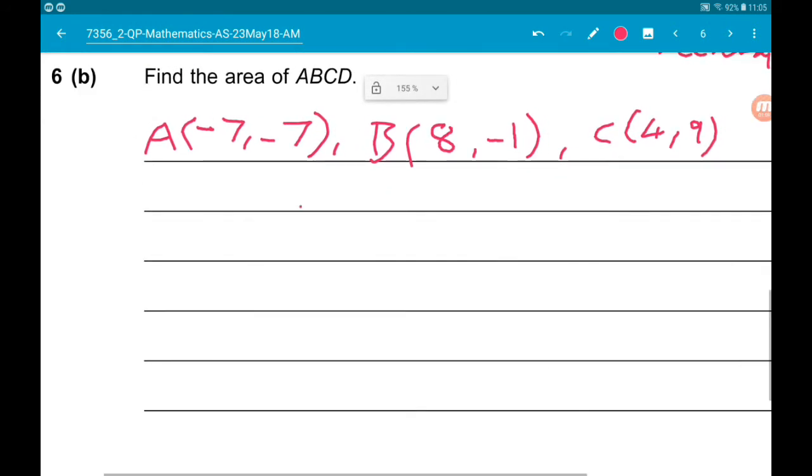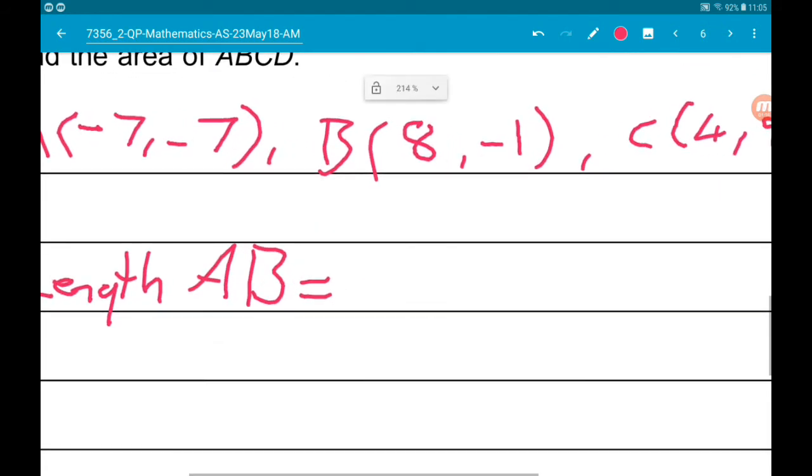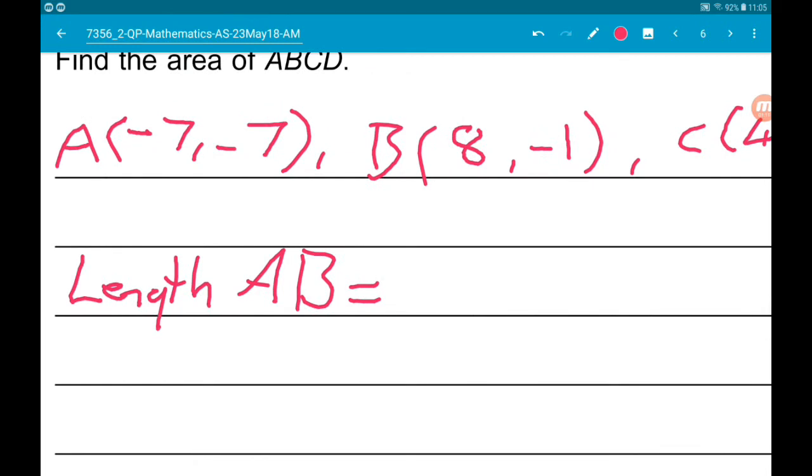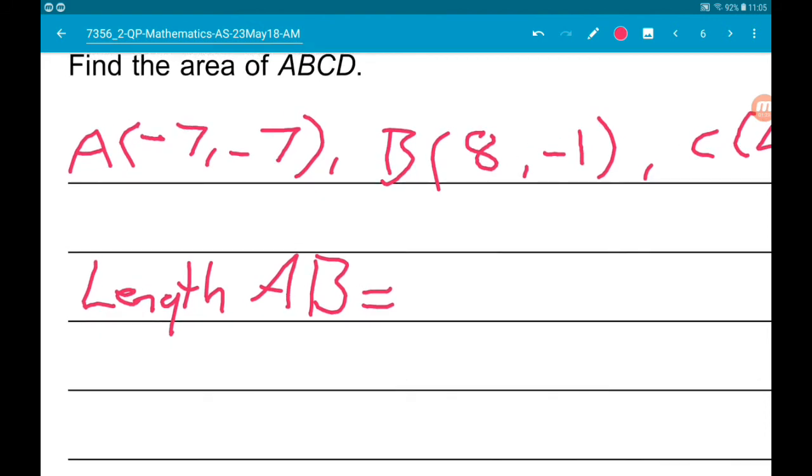Okay, so let's work out the length of AB. So it's Pythagoras really. Find the lengths between the coordinates, square them, add them together, and square root. So the length between the x coordinates of A and B is 15.